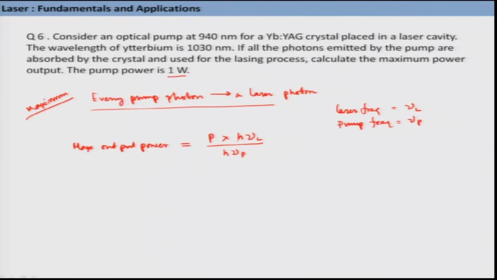So the pump power is given as 1 watt, and the wavelengths are lambda_p, which is 940 nanometer, and lambda_L, which is 1030 nanometer. So every information is there. The only thing is that you have to convert to the particular unit, and then just calculate the number.